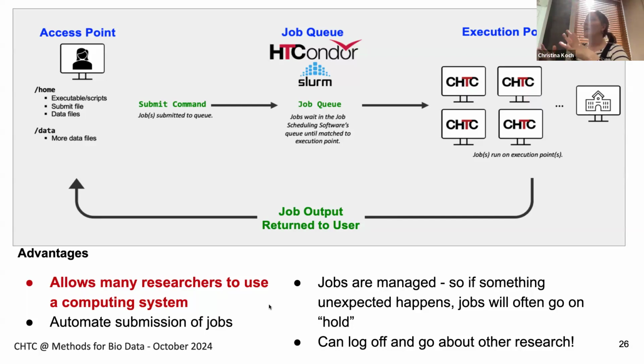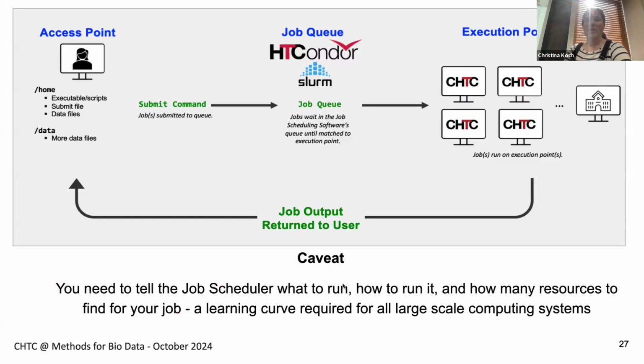I'm guessing some of you have been in a scenario where there's a lab server and you have a piece of paper on the wall for who's using the server at what time, right? That's not feasible if we have several hundred users with many servers. So the scheduler takes the place of that piece of paper. And you don't have to stay connected. Once you've submitted things, you can log out from the system and it's going to run on its own.